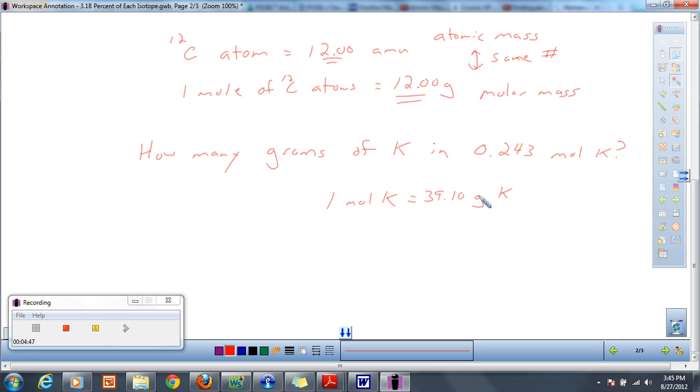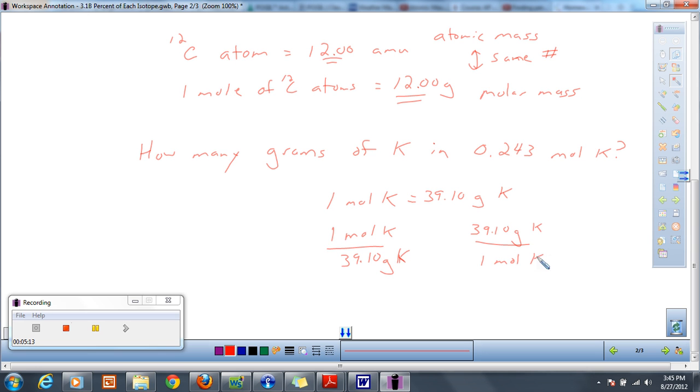So having this equality, we're able to build two unit conversion factors. 1 mole of potassium over 39.10 grams of potassium. This is one unit conversion factor that you might use, and another is 39.10 grams of potassium over 1 mole of potassium.